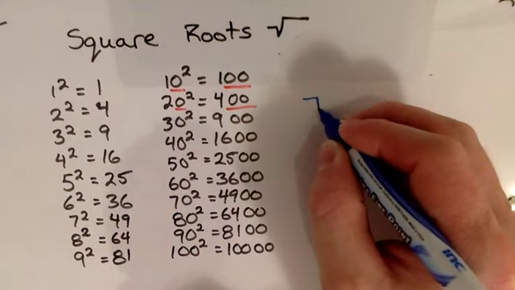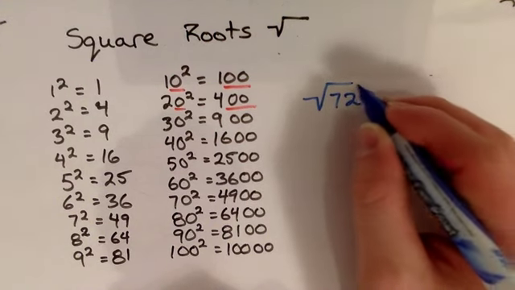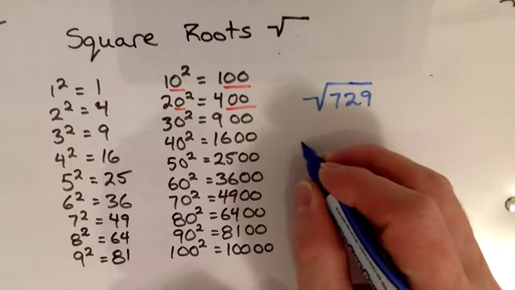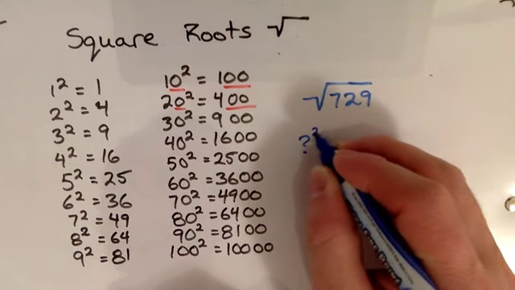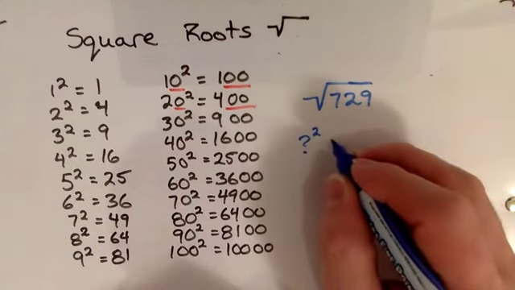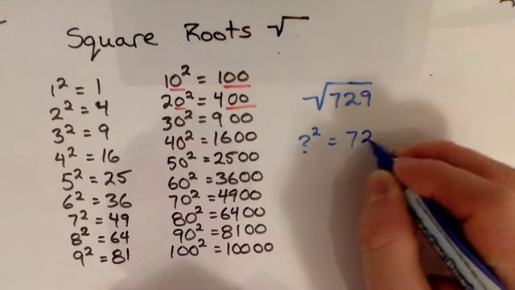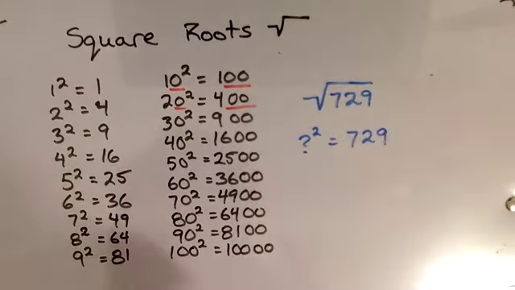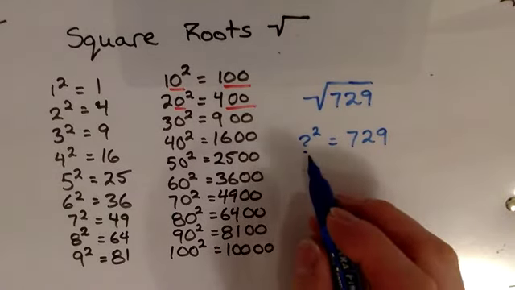What that means is there's some number, we don't know what it is, and when you square it, or you times it by itself, it's going to give you 729. That's the same thing. So we're looking for what this number could be.